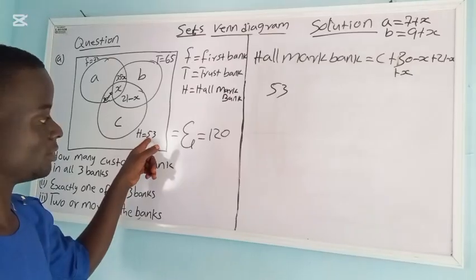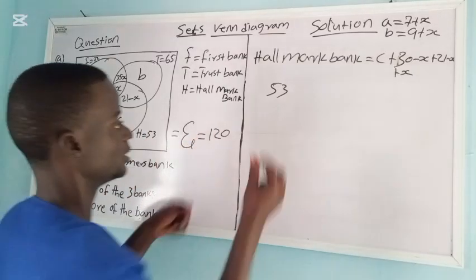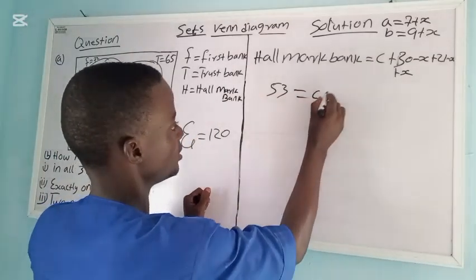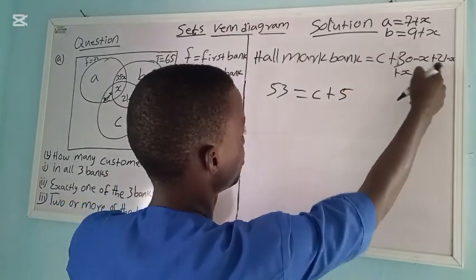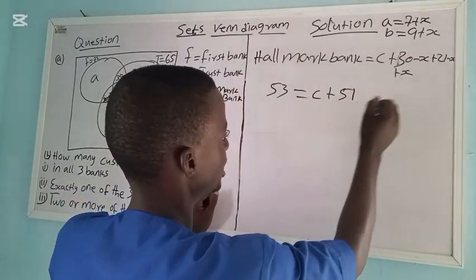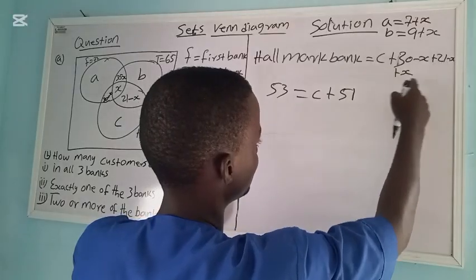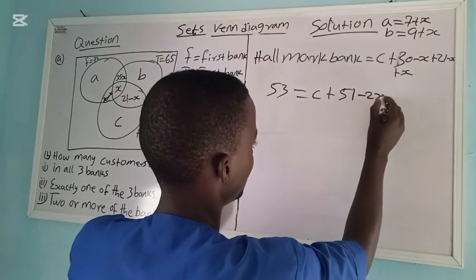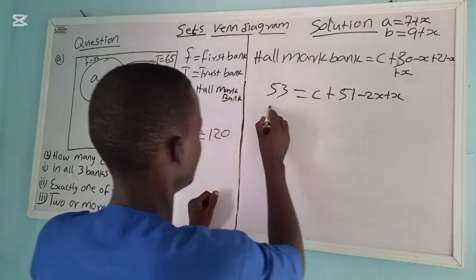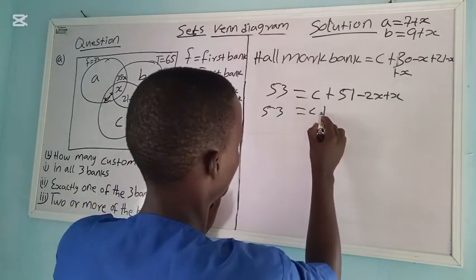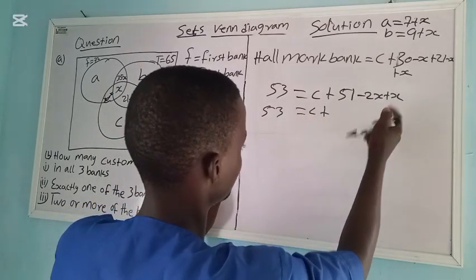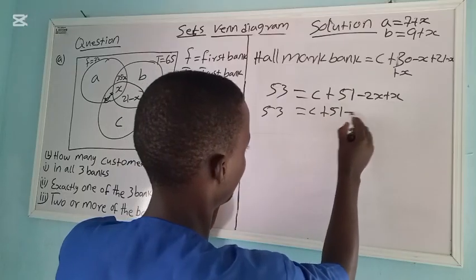The total is 53, so 53 is equal to c plus 30, and 21 gives 51. Then minus 2x plus x, so 53 is equal to c plus minus x plus x, which will now be 51 minus x.